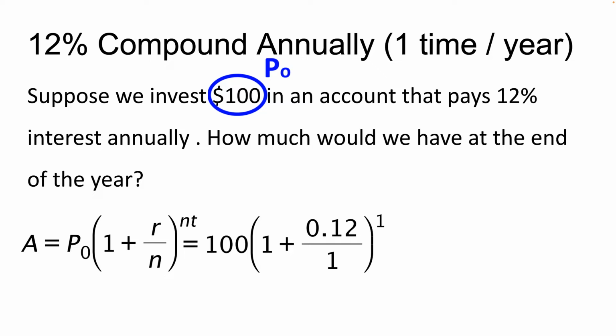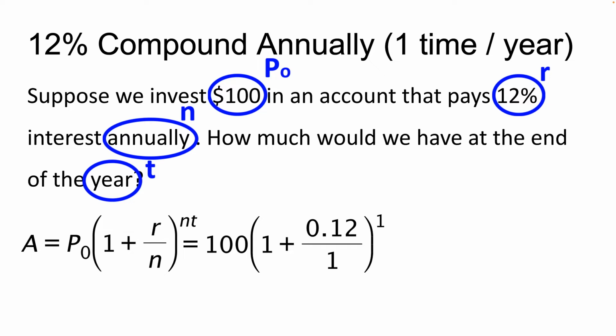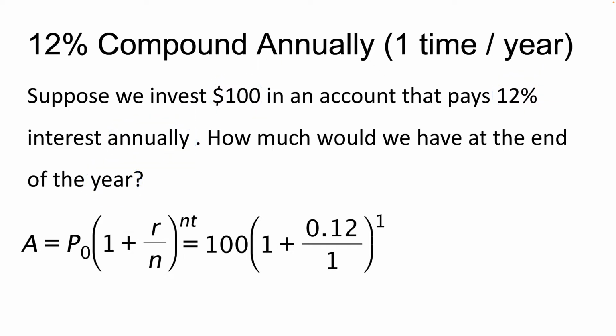My principal is $100 times 1 plus r, where r is 0.12. n, which is the number of times interest is paid, is going to be 1 since it's only paid annually. And t is also 1 because we're only looking at 1 year. Putting this into my calculator, we would get $112 at the end of the year.